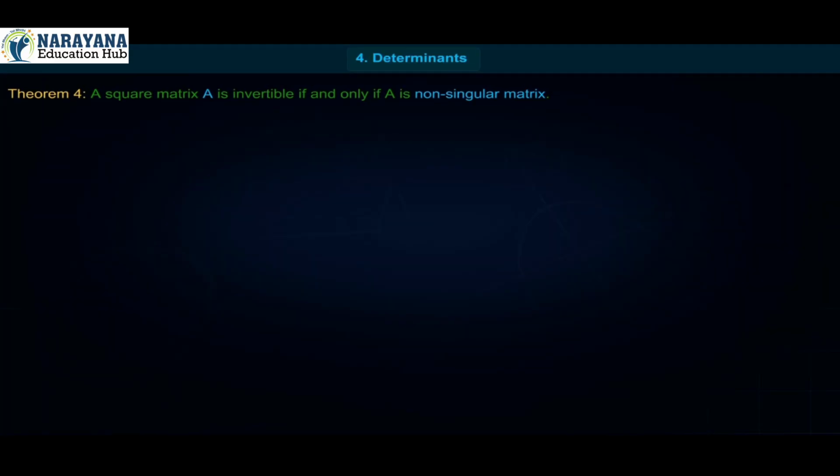Theorem 4. A square matrix A is invertible if and only if A is a non-singular matrix. Proof: let A be an invertible matrix of order n and I be the identity matrix of order n.